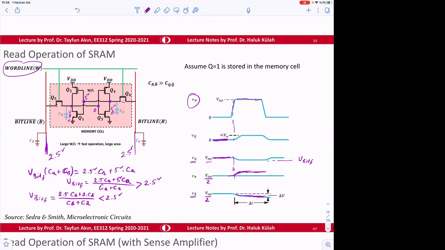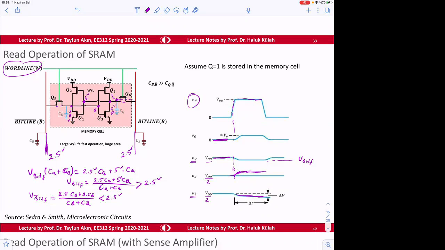So the point here is that after this charge sharing, if you wait enough, this Q, remember this was 5, right? So this will be charging this node more because we shorted it, right?